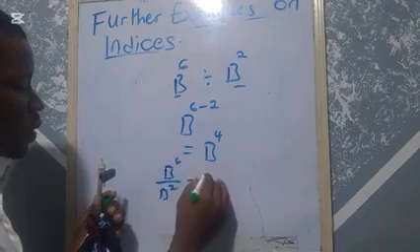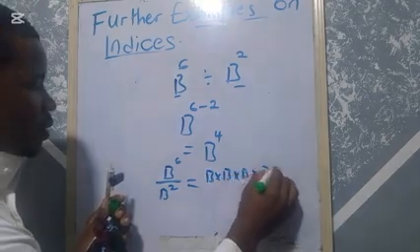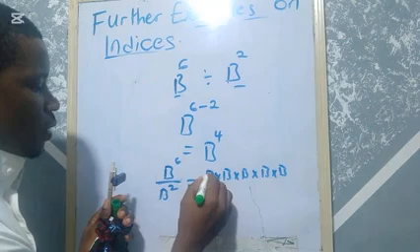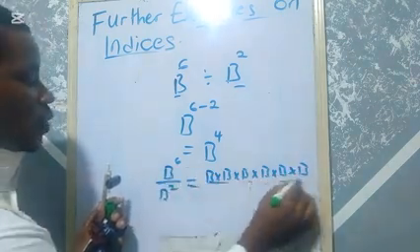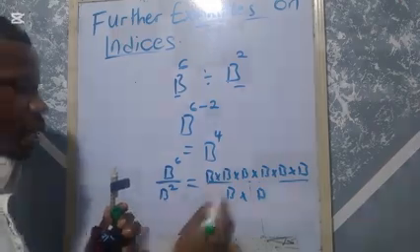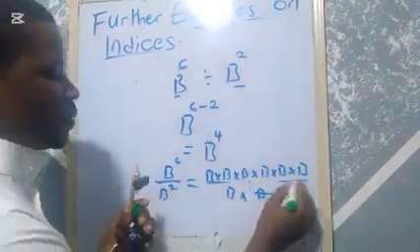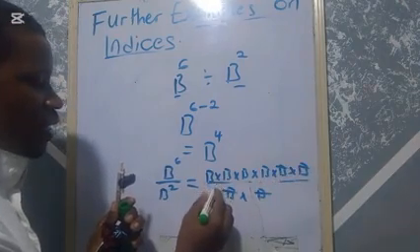They will tell you that b raised to power 6 means b times b times b times b times b times b. How many b now? 1, 2, 3, 4, 5, 6. That is b in 6 places, all over the same thing here, b times b, that is b raised to power 2. So they will tell us that this b will cancel this one, and this cancels this. How many b's are we having at the numerator?